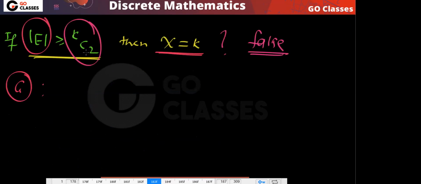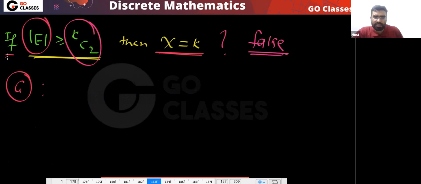Similarly, you can notice the question that I am saying: if your number of edges is greater than or equal to KC2 for some K, or maybe T, because you are confusing. Please don't think about a complete graph.